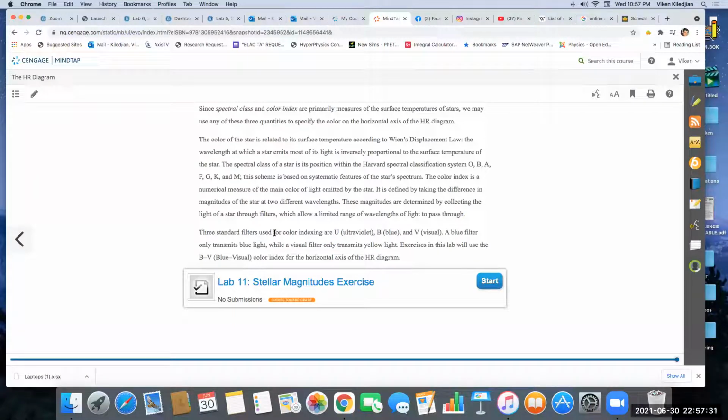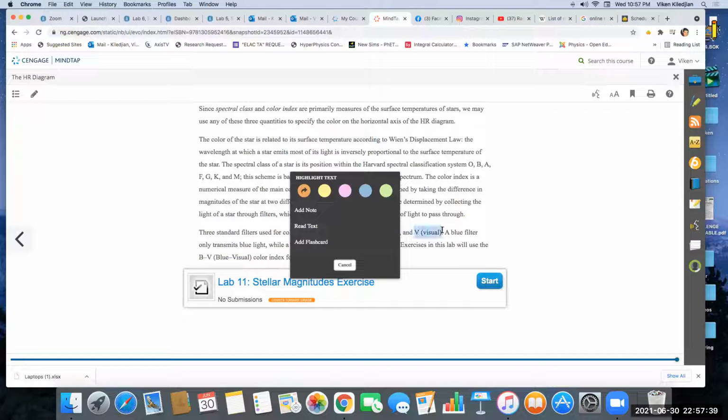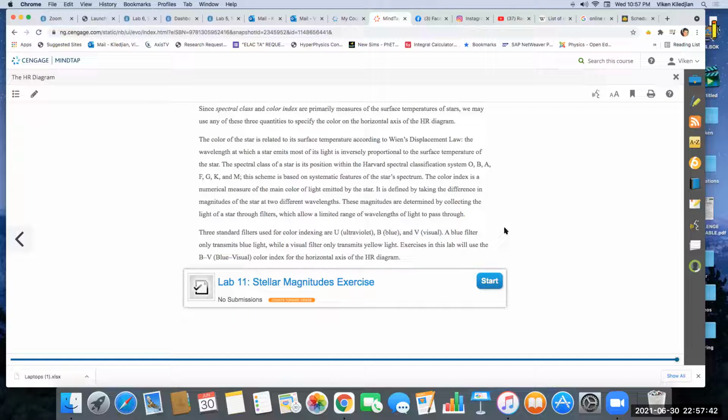Three standard filters used for color indexing are ultraviolet, blue, and V. V stands for visual.